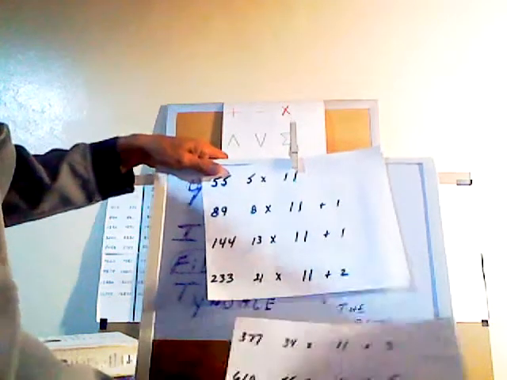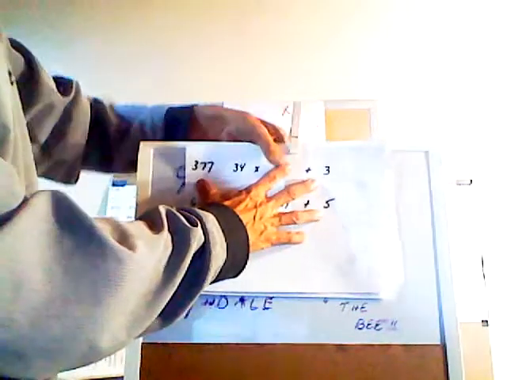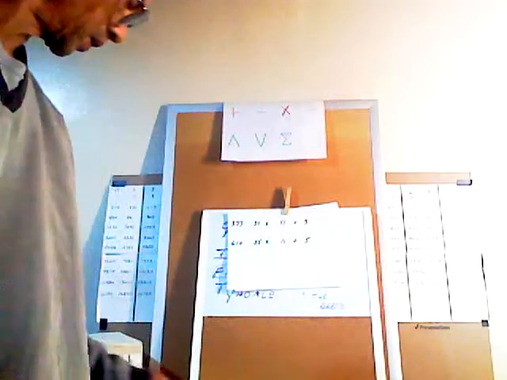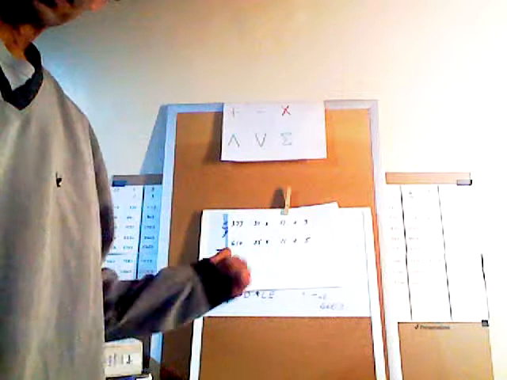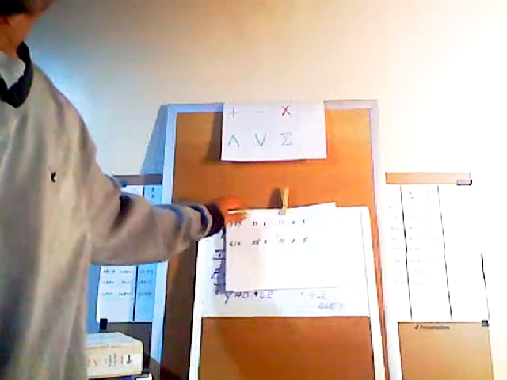And you'll find that as the coefficients get larger, they too become factors of 11. Squares of 11, cubes of 11. So this is it. This is the Fibonacci series with a factor of 11 nested inside of it.